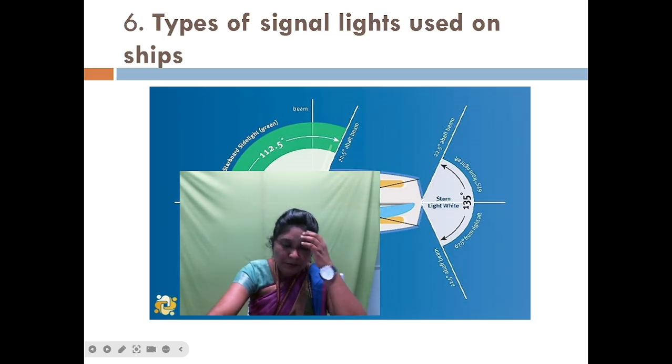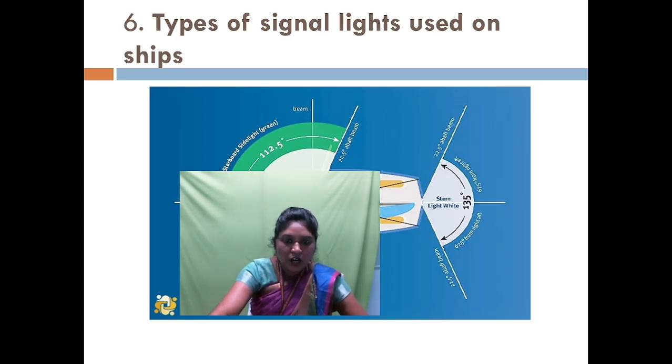Next comes the side lights. We have the green light and the red light. The green light indicates the starboard side and the red light indicates the port side.